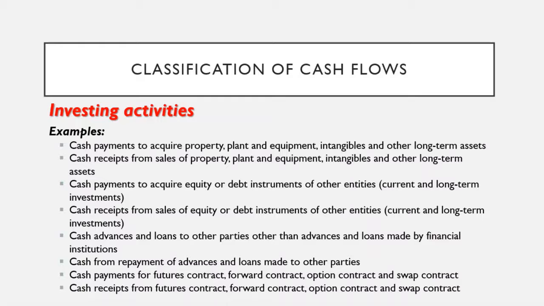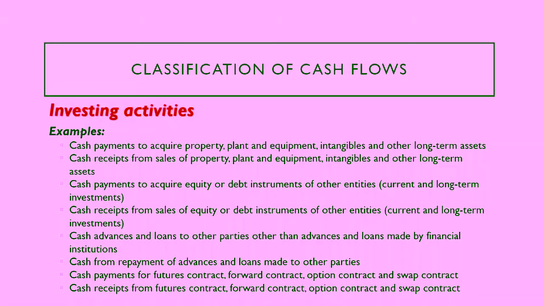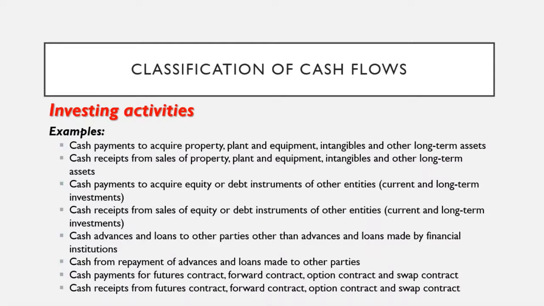So the same with what I taught you earlier, how would you know, if you're just looking at the SFP, if this falls under the investing activities? Earlier I explained that if it is a transaction related to accounts from the current asset and the current liability, when you're looking at the SFP, it's part of the operating activities.